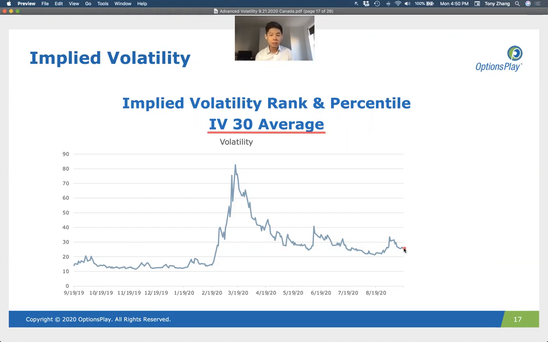If you're trading a 6-month option, you can't compare its implied volatility to the average over the past year of the 30-day options, because those aren't fair comparisons. You're trading a 180-day option, but the IV rank is based on a 30-day implied volatility.